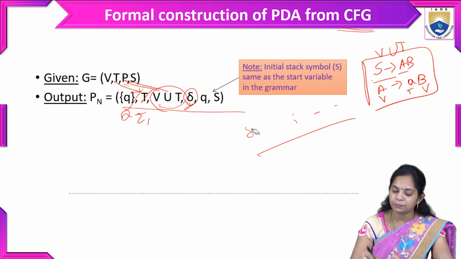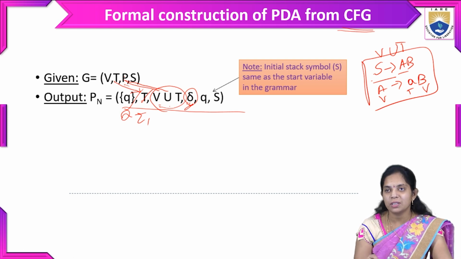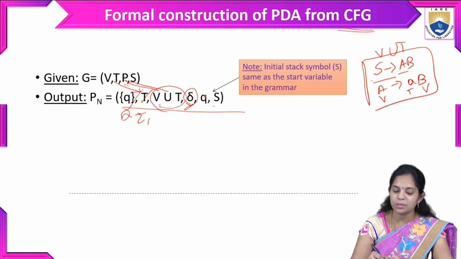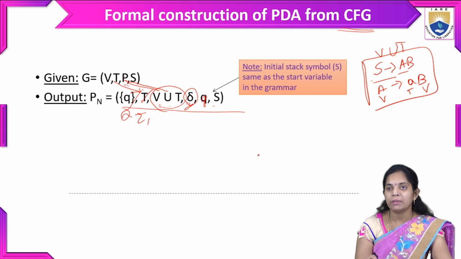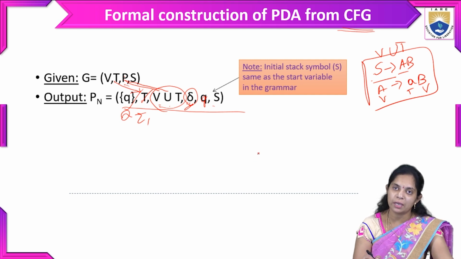And here Q0 is the initial state, and F is the final state, based on empty stack or final state acceptance. That is decided here.